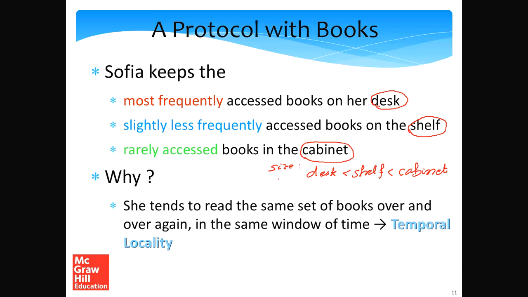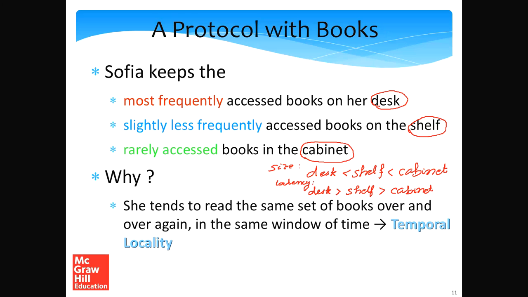If I look at latency, or the time it takes to fetch a book, then it's the reverse. Getting a book from the desk is faster than getting a book from a shelf, which in turn is faster than getting a book from the cabinet.